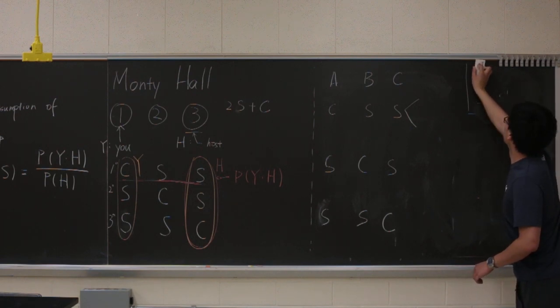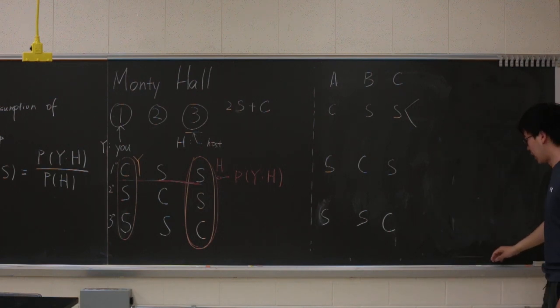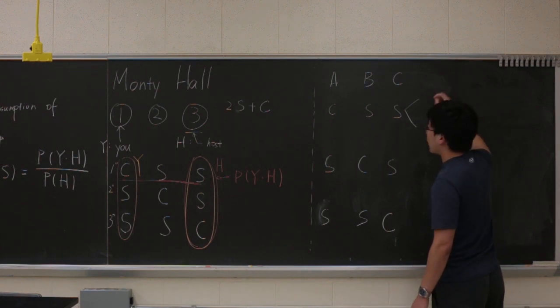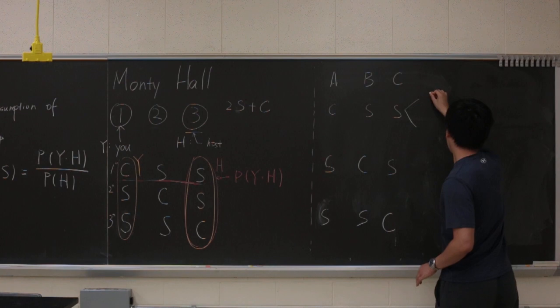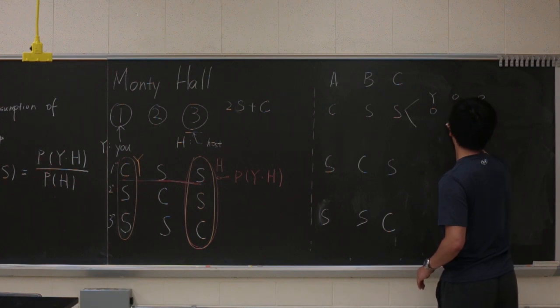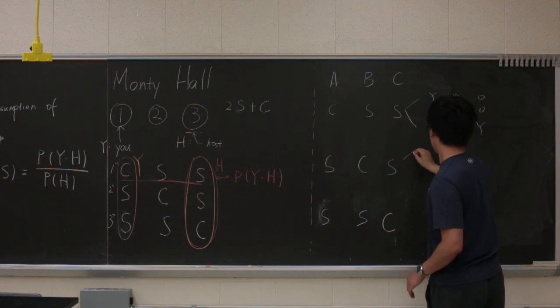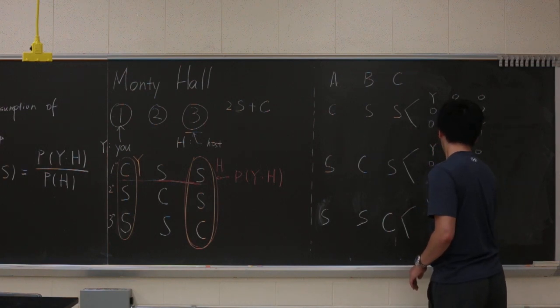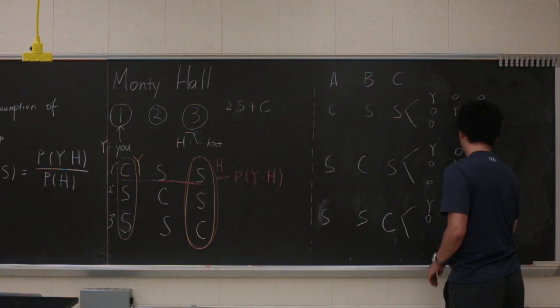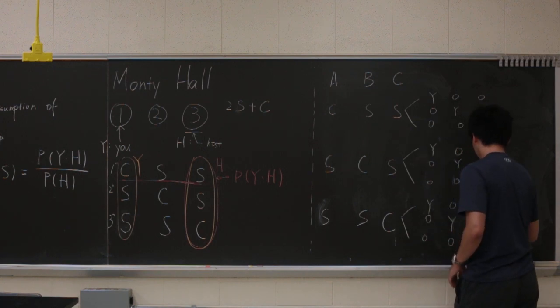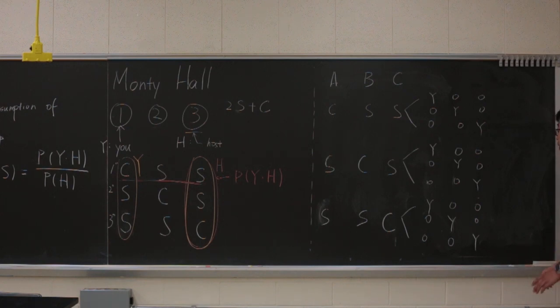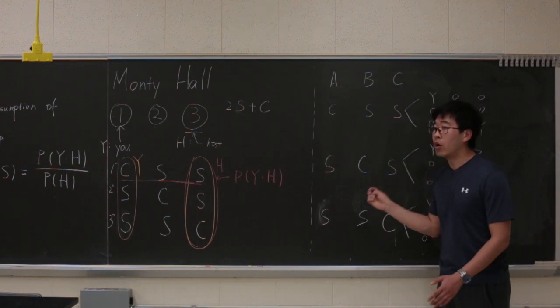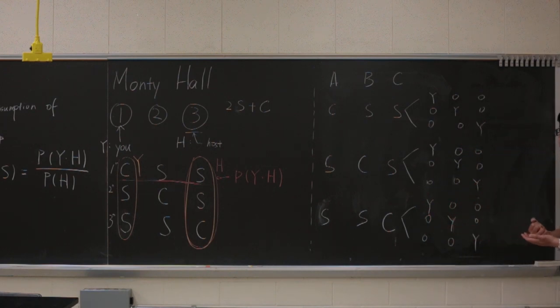So I have to erase this. Remember, C stands for car, S stands for sheep, and Y stands for you. You can choose the first one, the second one, or the third one. Same deal here. And so the host has to choose a sheep.